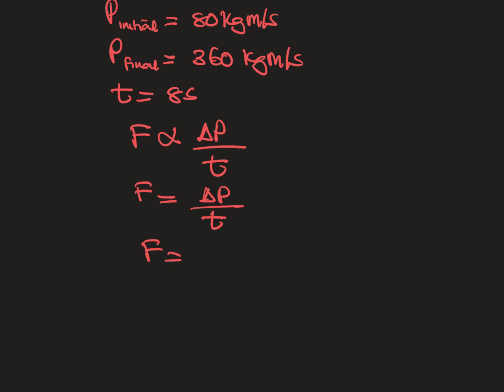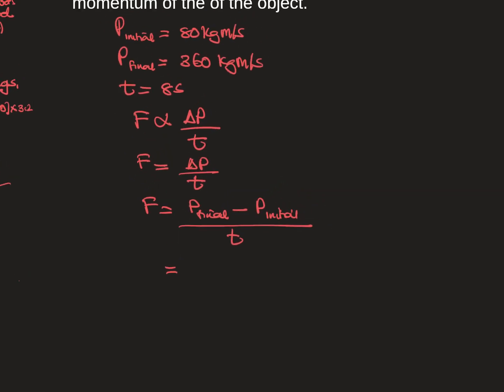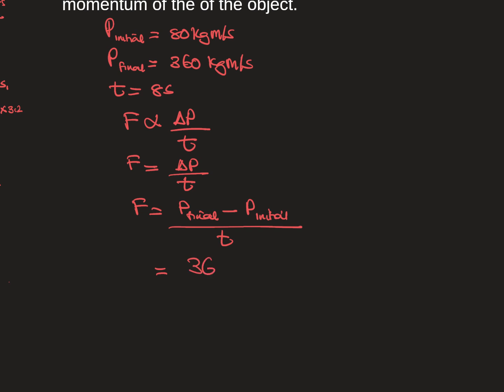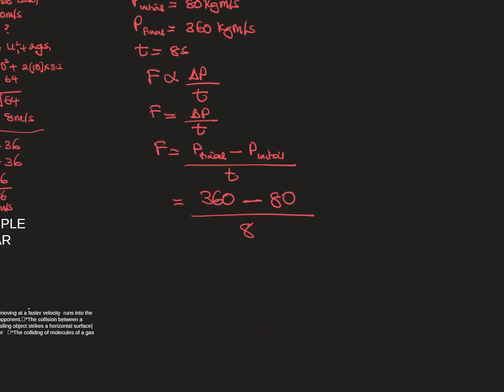It is the final momentum minus the initial momentum, divided by the time. So the final momentum is already given as 360 minus the initial momentum 80, divided by the time given in the question, 8 seconds.